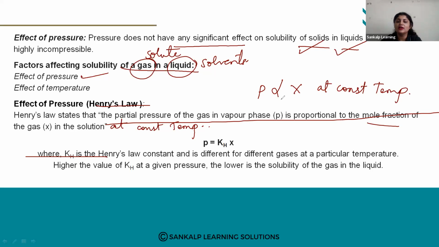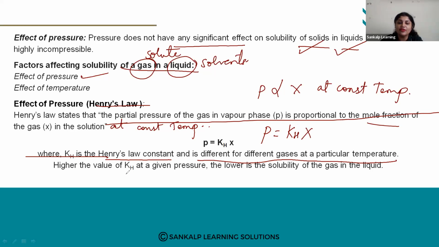Now, when you remove the proportionality sign, you have to introduce a constant. So here the constant is given as P equals kh into x. kh is called the Henry's law constant, and it is different for different gases at a particular temperature.